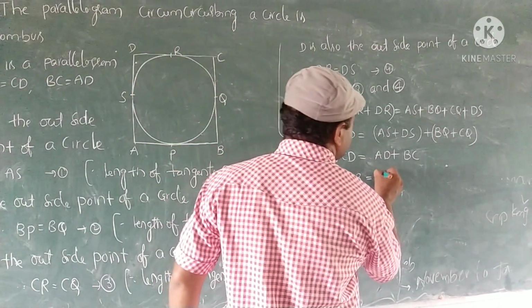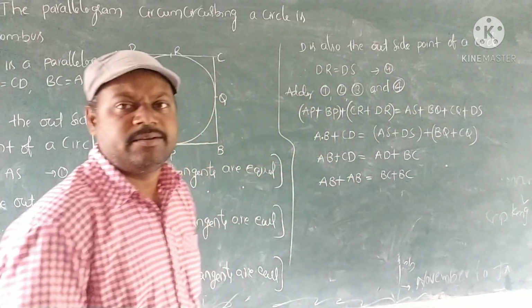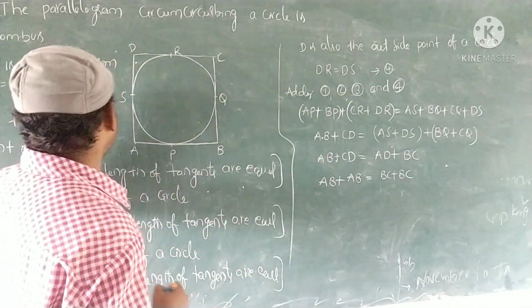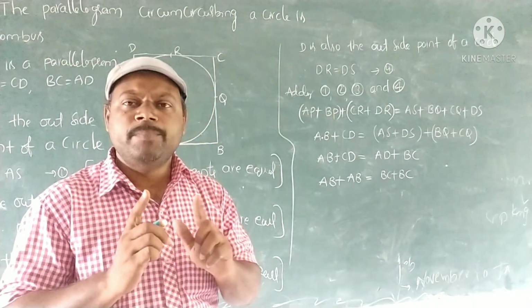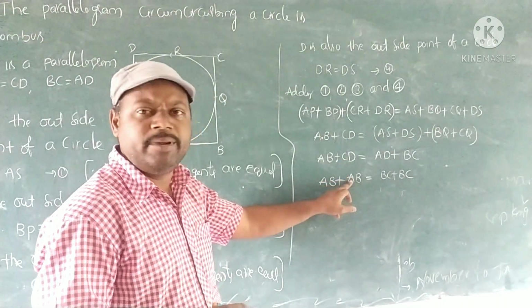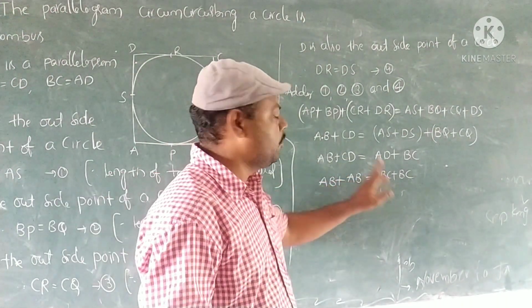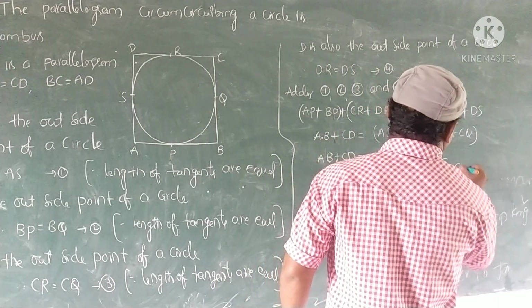So BC plus BC, because already given AB equals CD and BC equals AD. CD is replaced by AB, AD is replaced by BC.